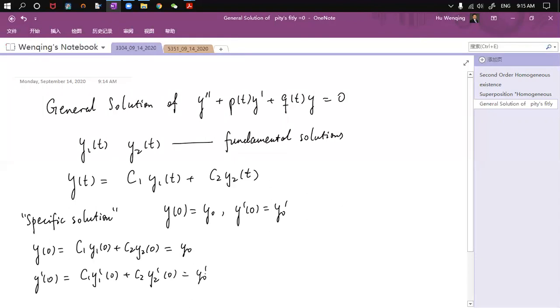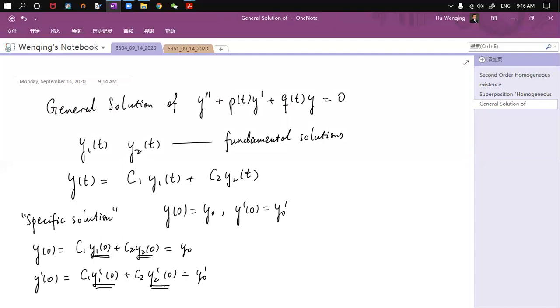This pair of equations is telling you that because I can always take y1 and y2 and calculate y1 prime and y2 prime, as long as I have those fundamental solutions, it is easy to obtain their values at 0: y1 of 0, y1 prime of 0, y2 of 0, and y2 prime of 0.